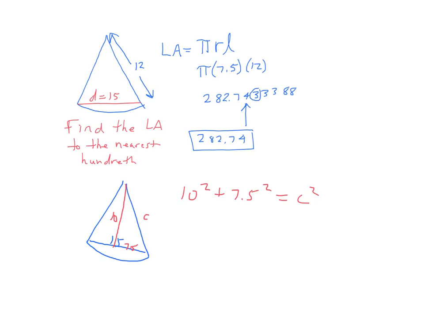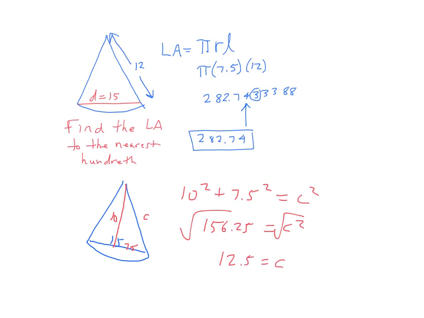So 7.5 squared plus 100 is 156.25. Square rooting tells me my slant height. It's interesting, it came out to be exactly 12.5.